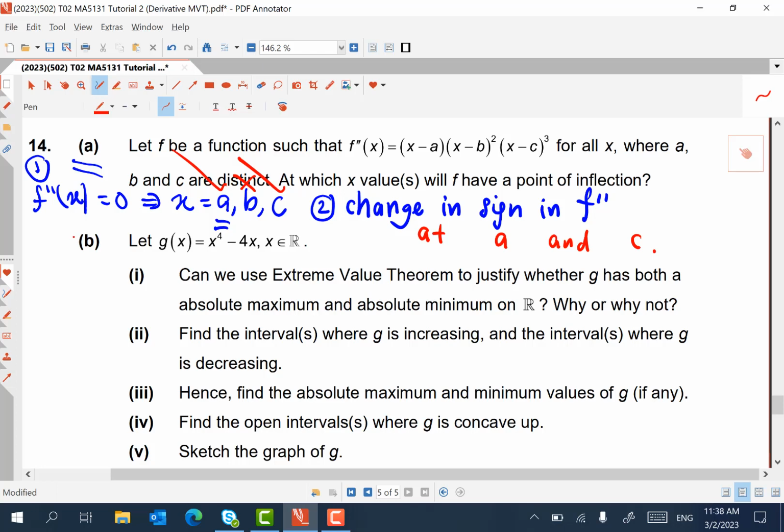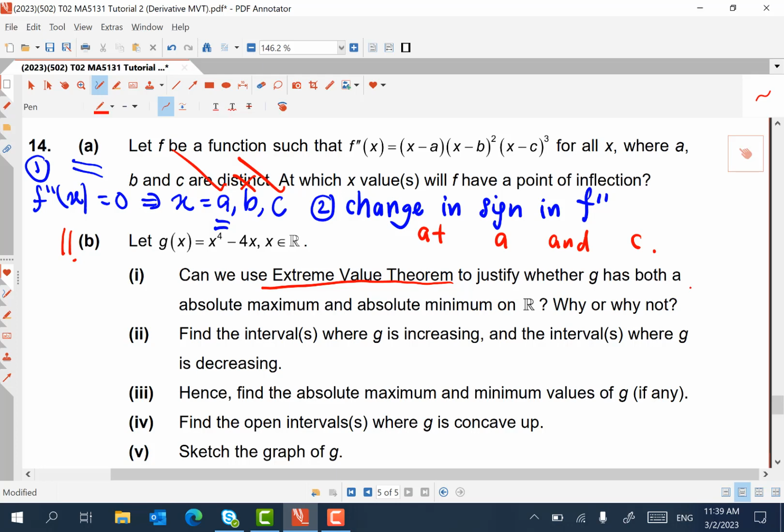Okay, let's do part B. Howard is volunteering, right? Howard, B part 1. You say can, right?